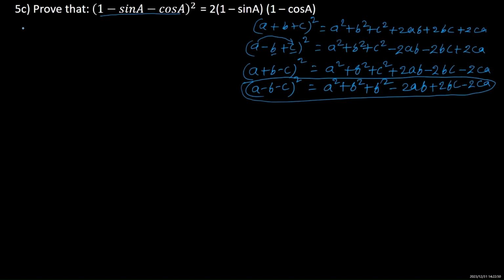Let us take LHS at first. LHS is 1 minus sin A minus cos A whole square, equal to, we'll apply this fourth formula.